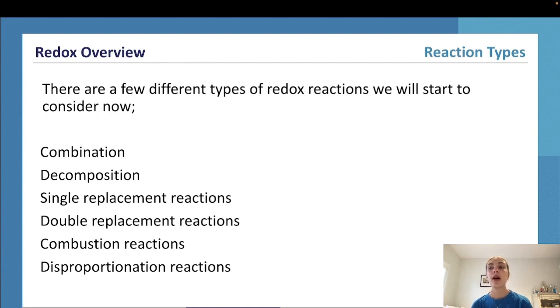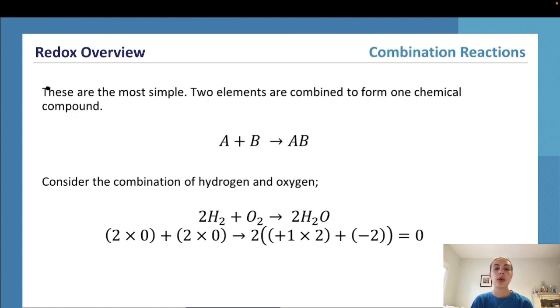So you've probably come across most of these, if not all, throughout your chemistry journey so far. And so I would say that you'll have a general understanding of what these are, but probably not in the context of redox. So we're going to go on and talk about what these different types of reactions are and how they work.